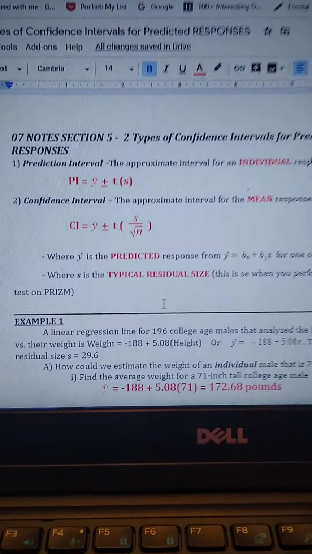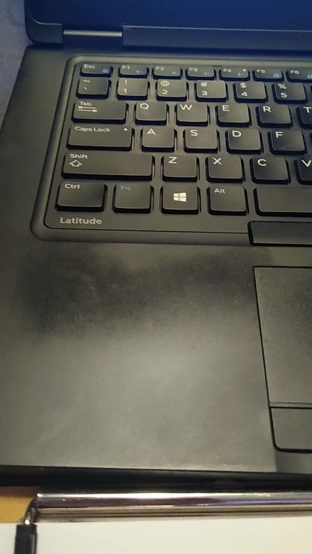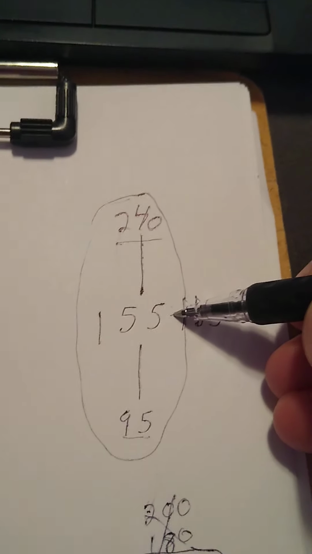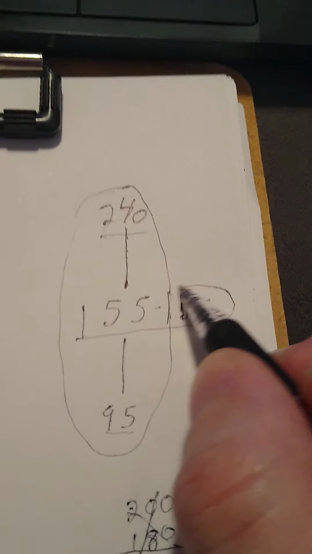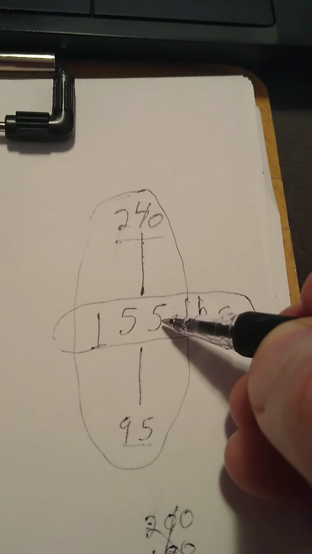Now what's the difference? A prediction interval is for individuals. For instance, let's say that we predicted for a 67-inch tall man. The prediction came out as 155 pounds. So my equation would predict that a 67-inch tall male would weigh 155 pounds.